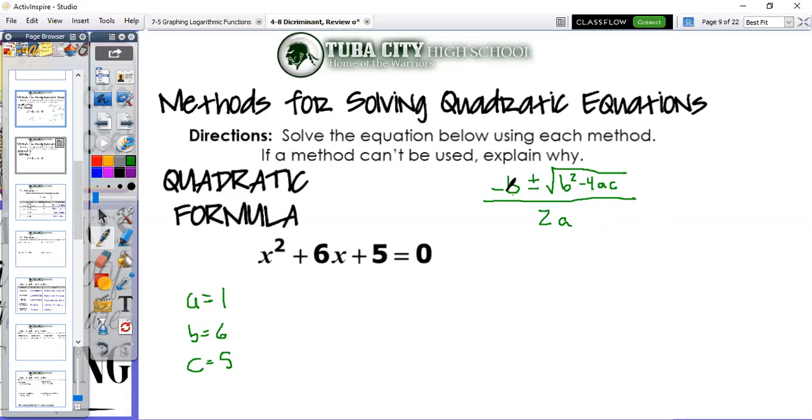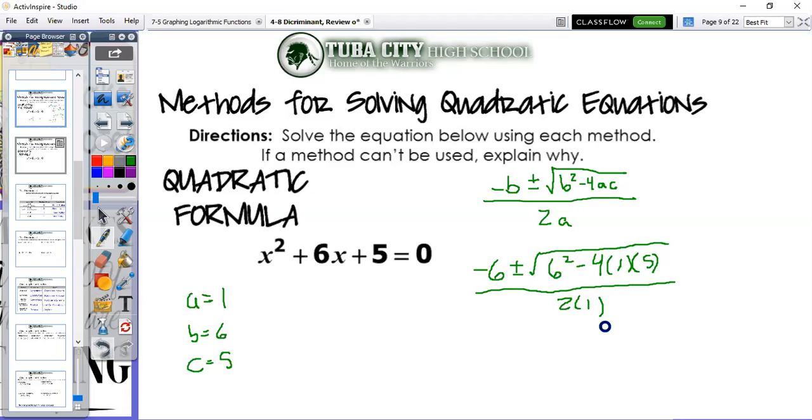So let's see, we got b, which is 6, so negative 6, because again, it's going to be the opposite, plus and minus the square root of b squared, so that's 6 squared, minus, and this number is always 4, times our a value, which is 1, and our c value, which is 5, all over 2a, which 2 times 1 is going to be 2. There we go.